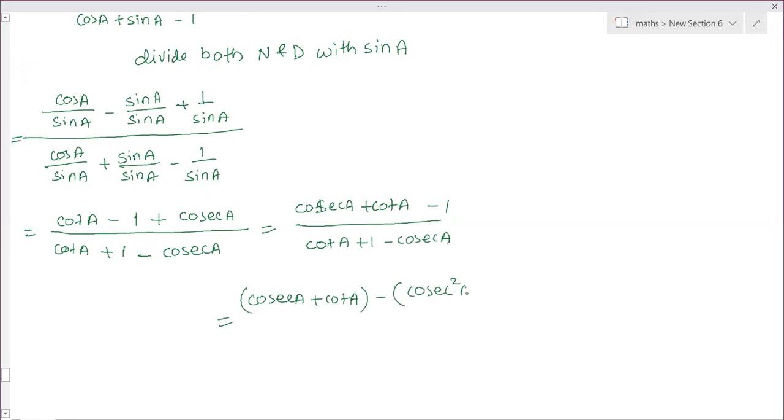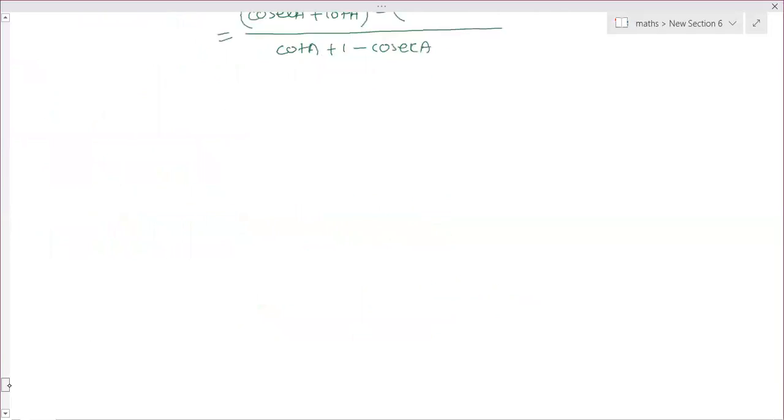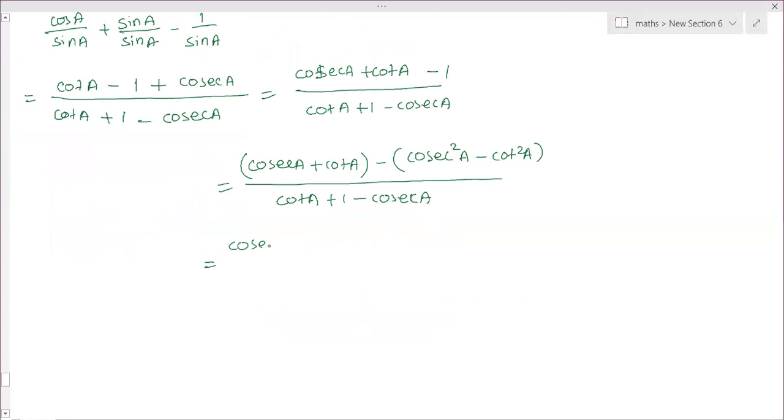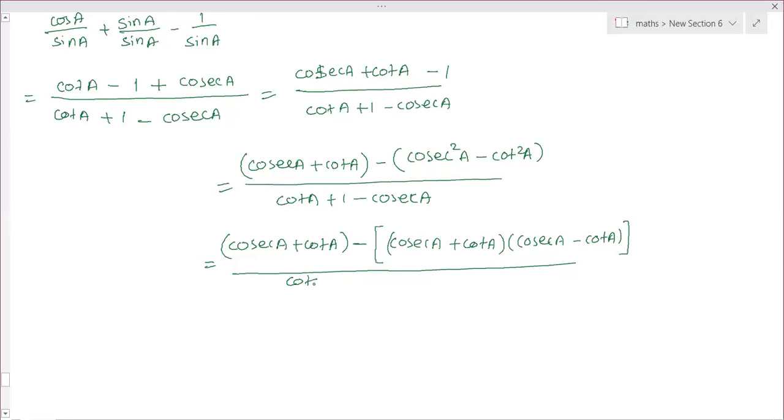We know that 1 is equal to cosec square A minus cot square A, divided by cot A plus 1 minus cosec A. Now the numerator has the form A square minus B square, so factorize it: cosec A plus cot A into cosec A minus cot A, divided by cot A plus 1 minus cosec A.